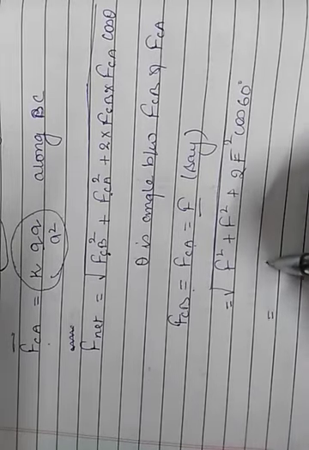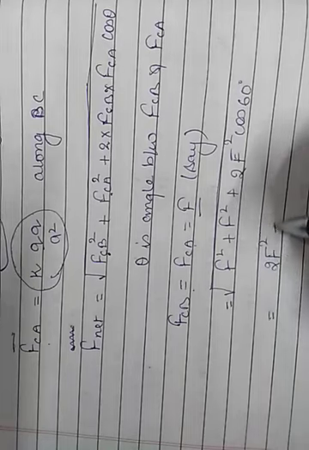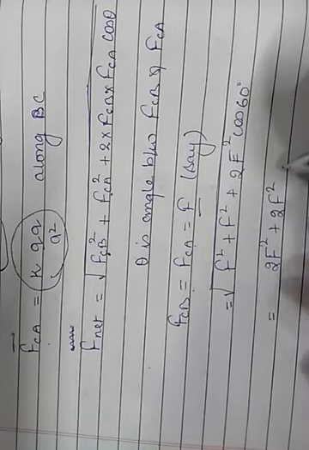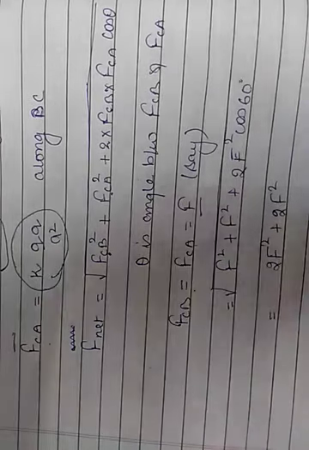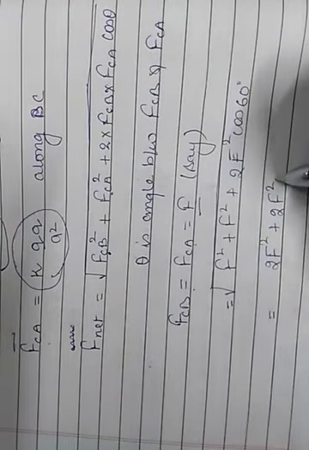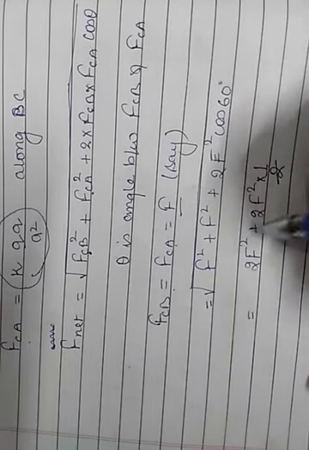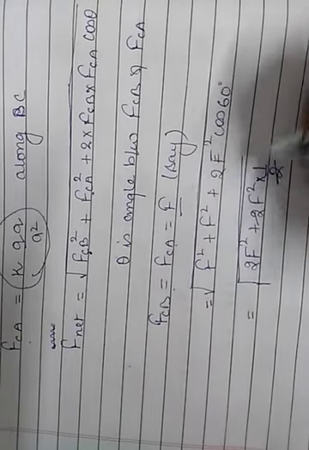Now solve it. So it becomes 2F square plus 2F square, and the value of cos 60 we all know, 1 by 2, so it will get cancelled.